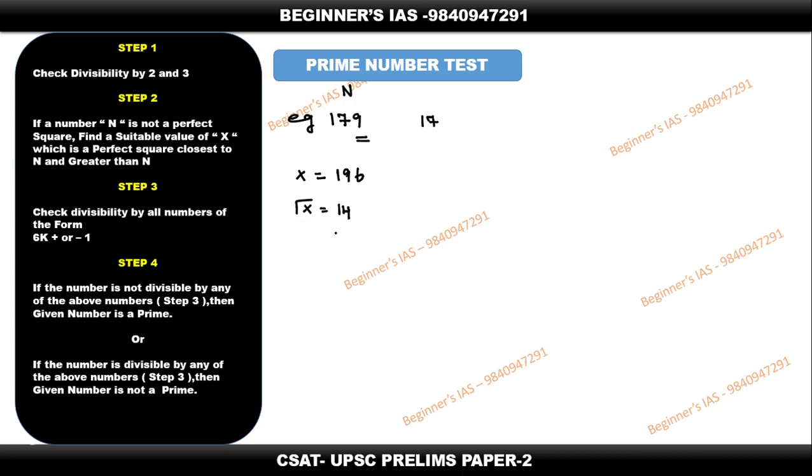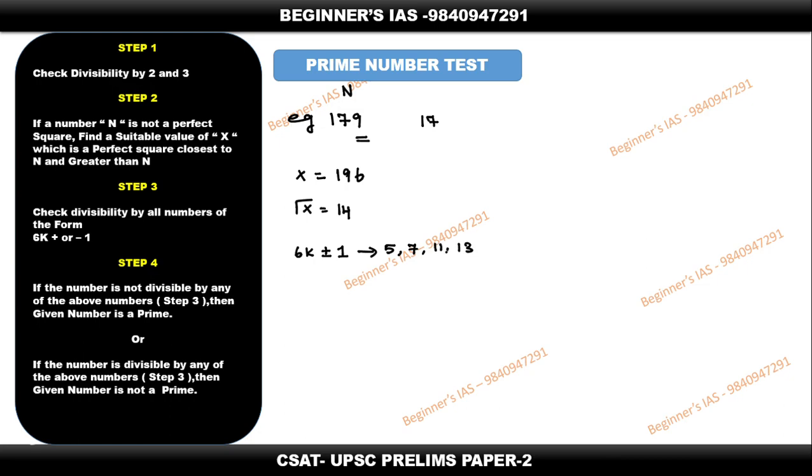Be careful that after finding this, you need to identify the prime numbers which are less than 14 and can be expressed in the form of 6k plus or minus 1. These are 5, 7, 11, 13.